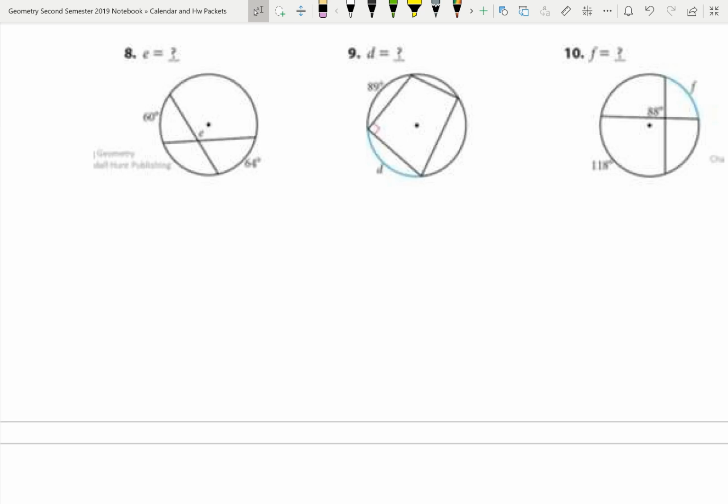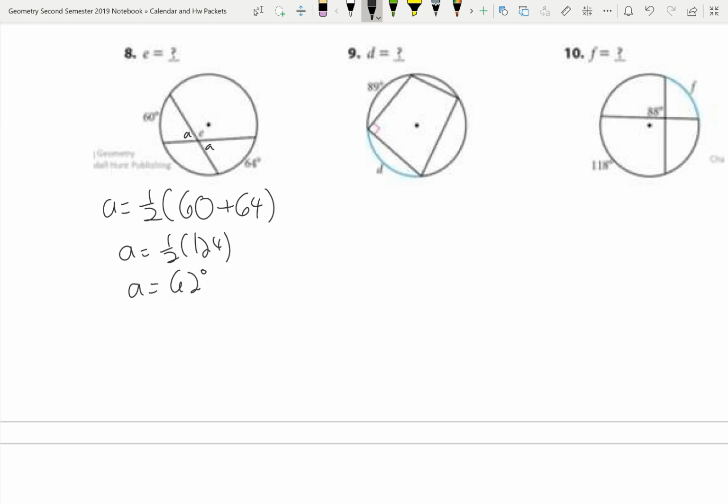My guess is the textbook got updated and this problem never got removed from it. Anyway, it turns out that this angle right here, if we call this A, these are both A, right? So A is going to be the average of these two here. So A will be 1/2 times 124. So A will be 62 degrees.